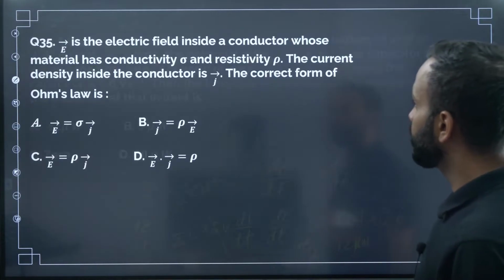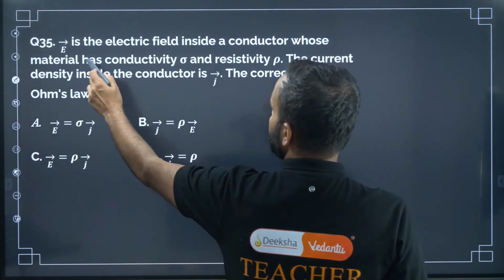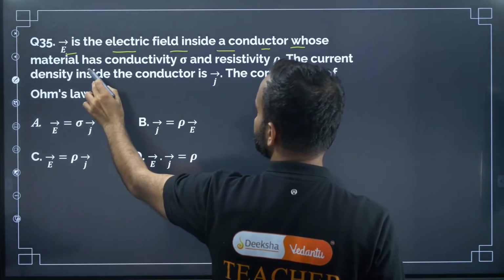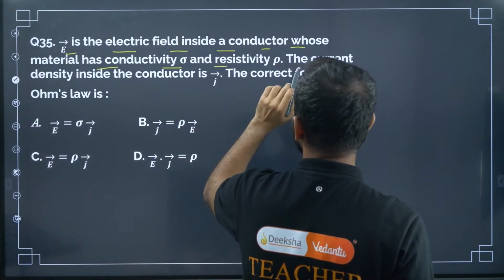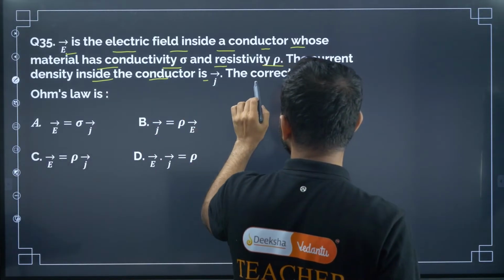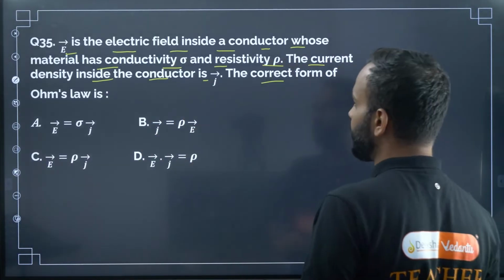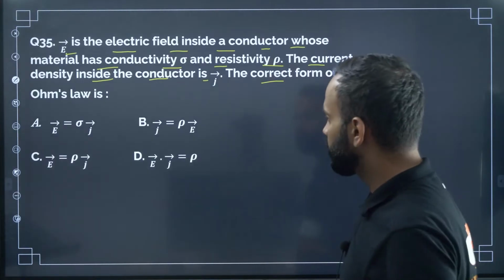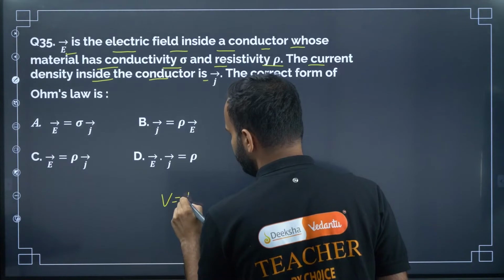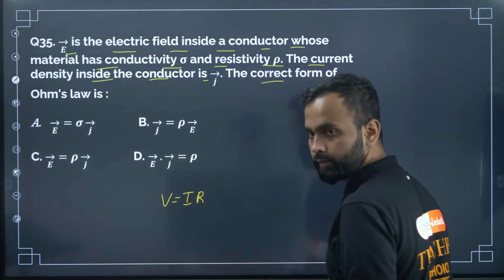Okay. Next question, question number 35. E vector is the electric field inside a conductor whose material has conductivity sigma and resistivity rho. The current density inside the conductor is J vector. The correct form of Ohm's law is, yeah. So here what is Ohm's law? Ohm's law, V equal to I into R, right?